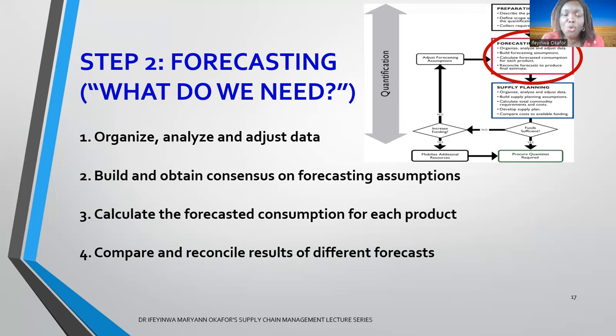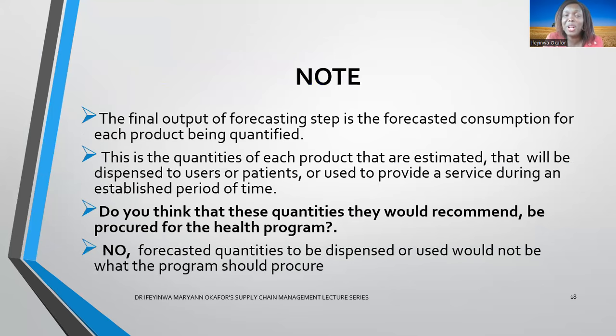So when you finish, you need to compare and reconcile your results of different forecasts. So during forecasting, these four steps are basically what we do. We organize, analyze, and adjust the data we collected during the preparatory phase, build and obtain consensus on forecasting assumptions, calculate the forecasted consumption for each product, and compare and reconcile results of different forecasts.